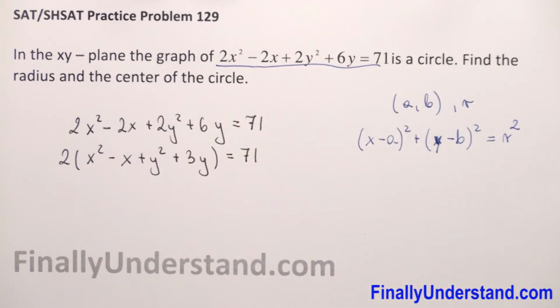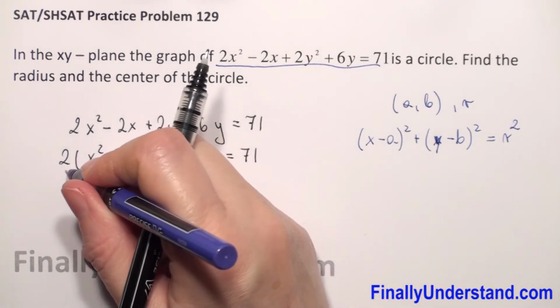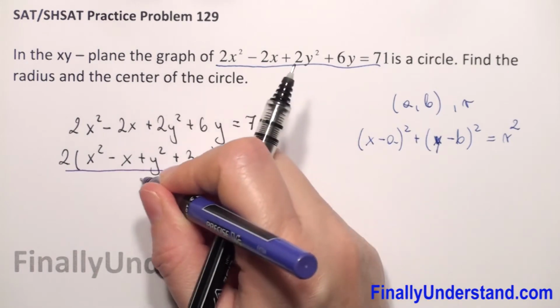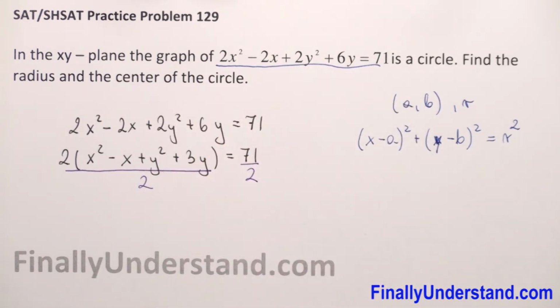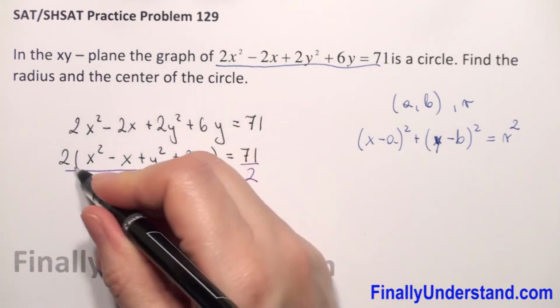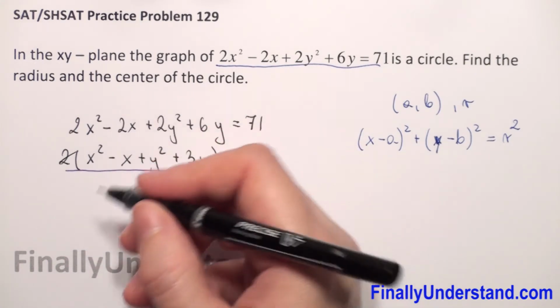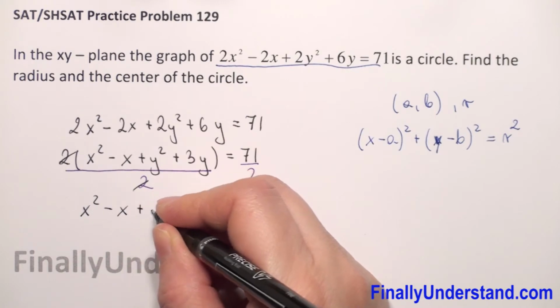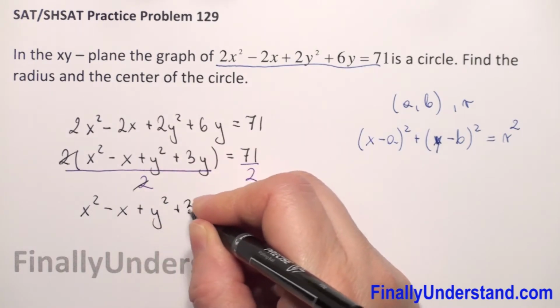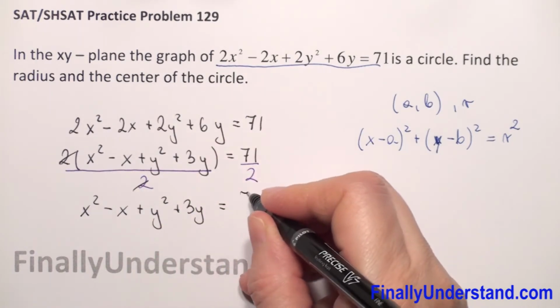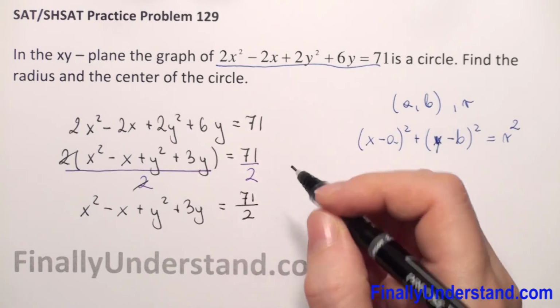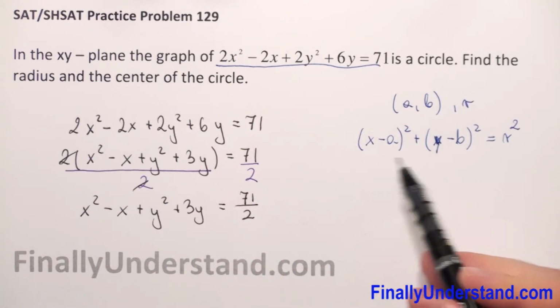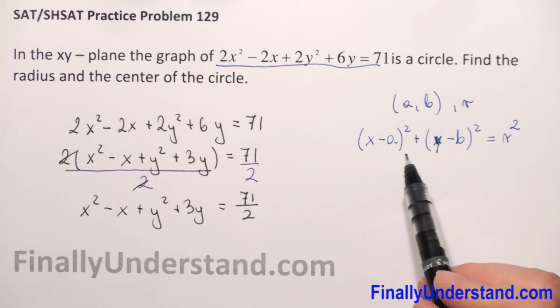Next, I will divide both sides by 2. The 2 and 2 reduce, and on the left side we have x squared minus x plus y squared plus 3y, equal to 71 over 2. And next we need to change this form to that form.